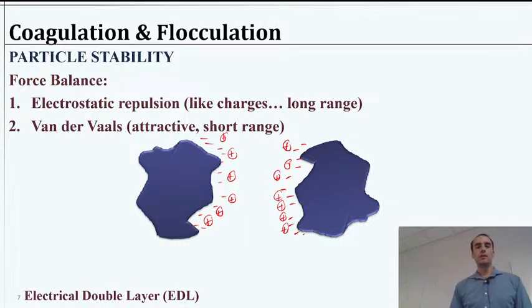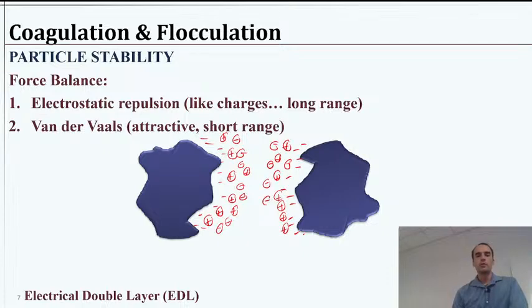It's not a huge distance. So the next layer will be mostly negative to arrange itself, but there's also going to be some positives hanging around just randomly in solution, right? So with this double layer, we end up getting some repulsion.